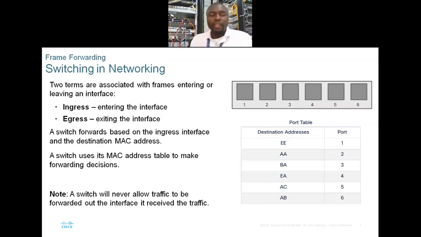As the frames come into the switch, we call that ingress. The interfaces that the frames use to come into the switch, we call the ingress interfaces. Then the interfaces or ports through which the switch sends frames out are called egress. So these two terms are basically associated with frames as they come into the switch and as they go out of the switch.